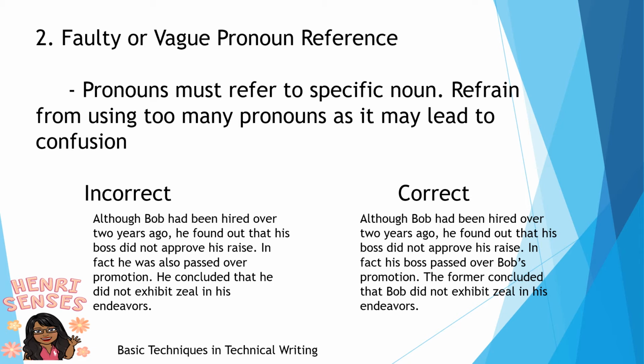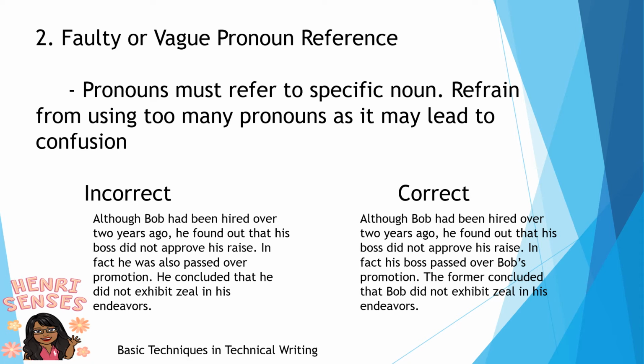The first example is full of pronouns, and the second one is an attempt to correct the first paragraph. We need to take a look at these paragraphs so that we will see the difference. Let me read it for you.